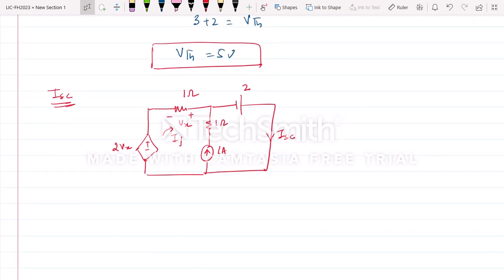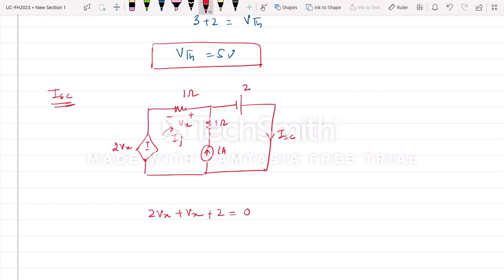Now apply the KVL here in the outer loop: minus I1 plus 2Vx, or we'll write it in terms of Vx only, plus 2Vx plus Vx plus 2 equals 0.